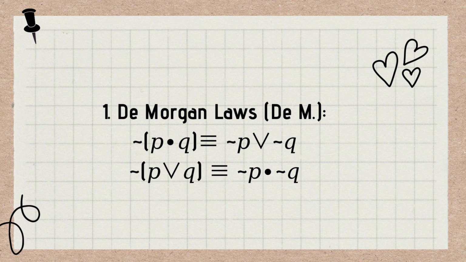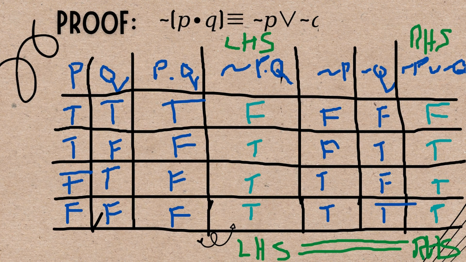We have negation of (P conjunction Q) is equivalent to negation P disjunction negation Q. So if you have negation of (P conjunction Q) in a question, you can replace it with negation P disjunction negation Q. The same goes for the second law of De Morgan's: negation of (P disjunction Q) is equivalent to negation P conjunction negation Q. Let's see how to prove it with a truth table.